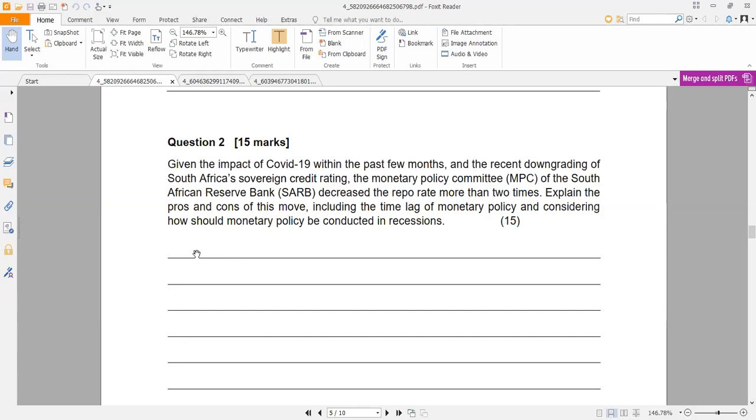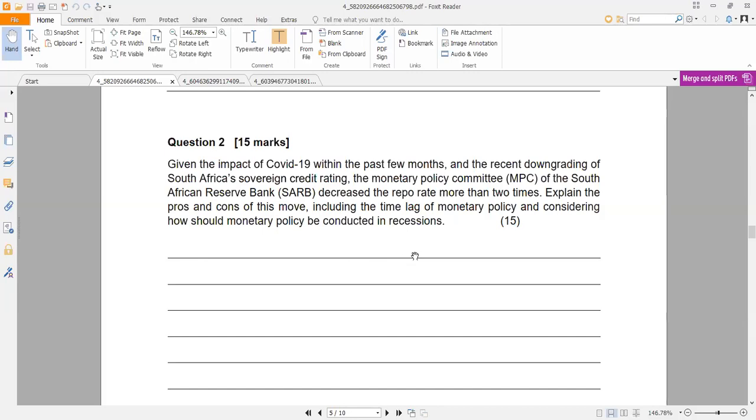You say a repo rate is a monetary instrument tool which is used by the Reserve Bank in the monetary policy formulation and implementation. And it is the rate at which the central bank extends financial support to other lending institutions. So the first thing was for you to define what really is a repo rate, right?